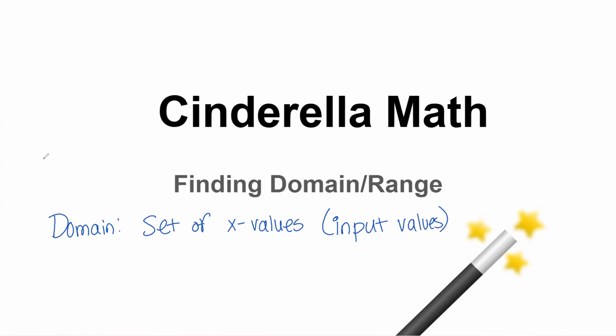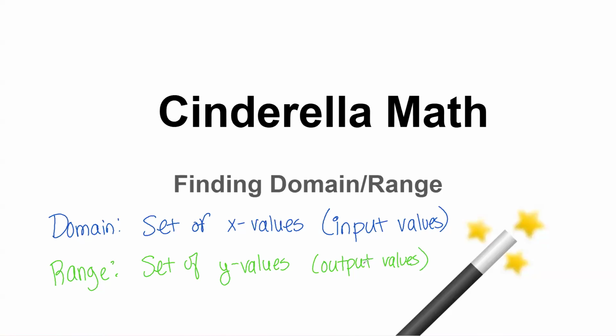So if domain is the set of x values, range, you could probably take a pretty good guess, is the set of y values of a relation or of a function. And again, there could be a fancier definition out there if you're a little bit older or in higher level math. It could also be the set of output values.